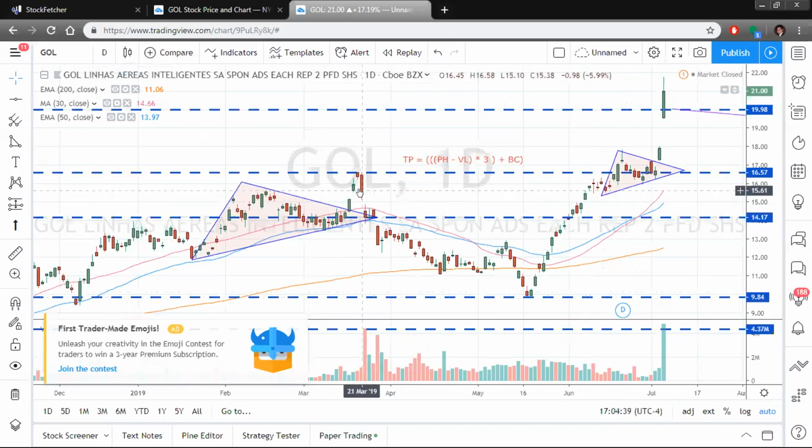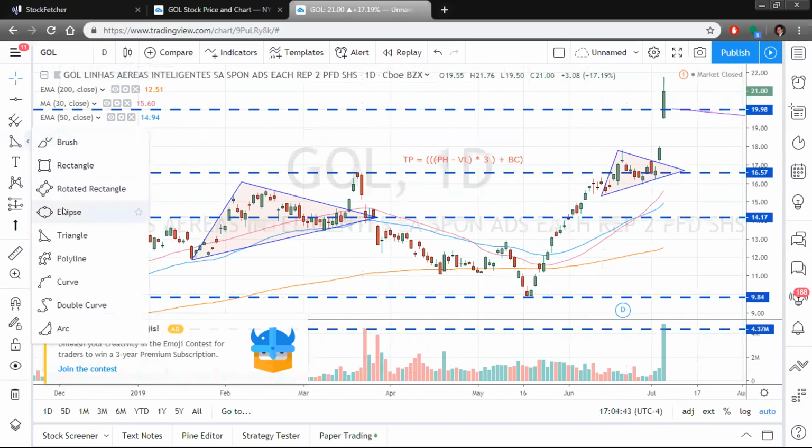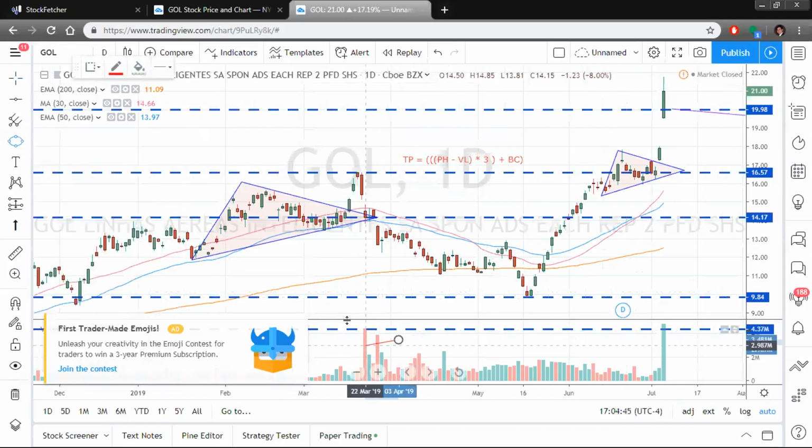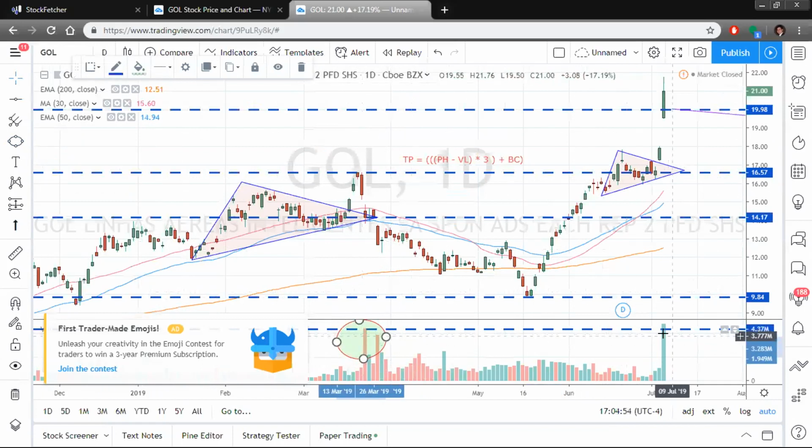Here, if you look at the one I told you before, look at the previous volume on the left side. So this is your highest. This would be your next volume, right?